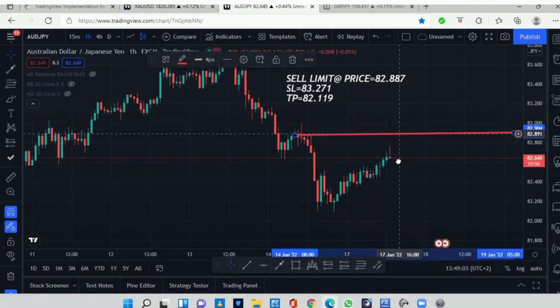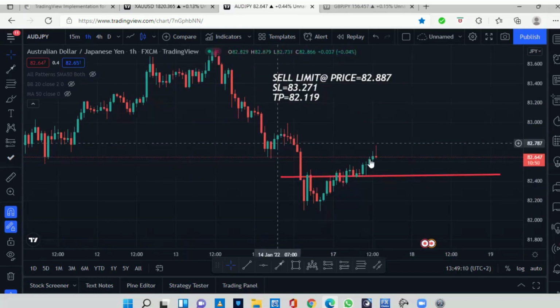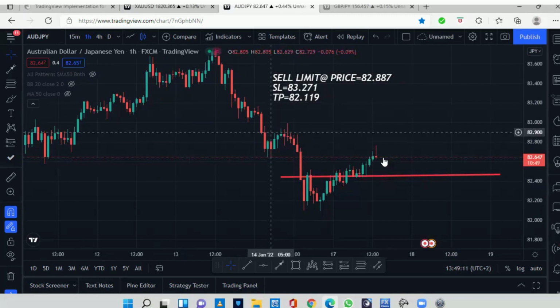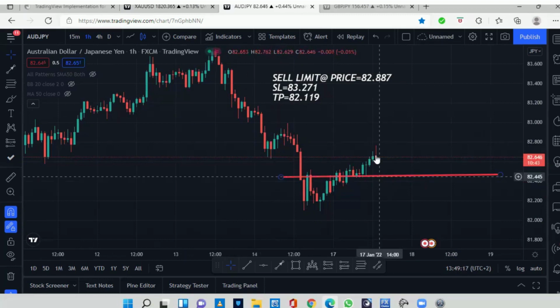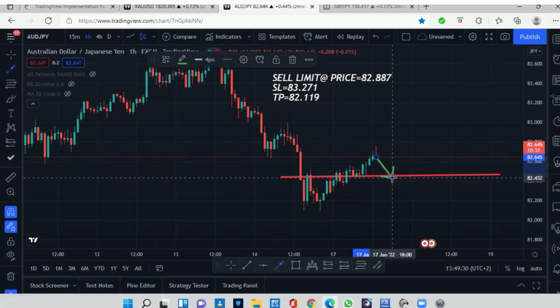So in this case, our sell order should be somewhere here, because the price itself has to be above, meaning the order has to be below the current market price. And then price has to continue going to that level, which is our current market price.